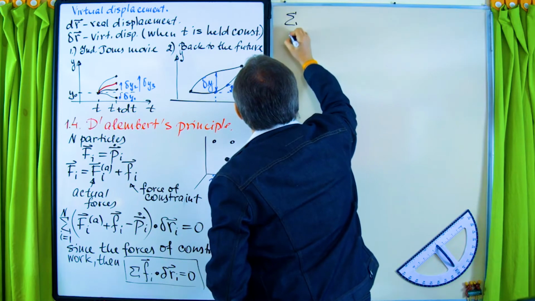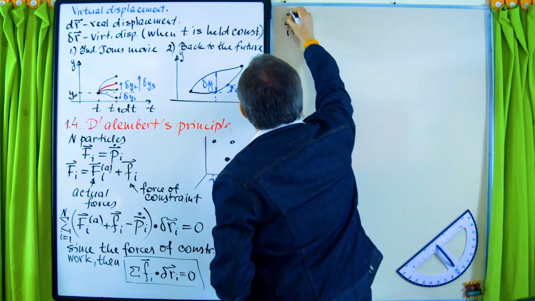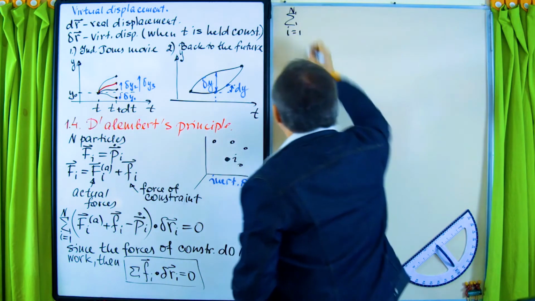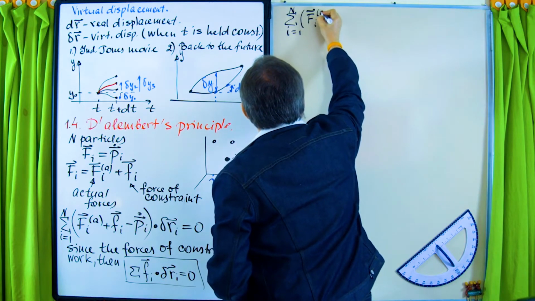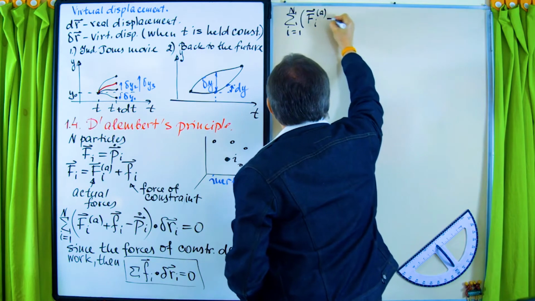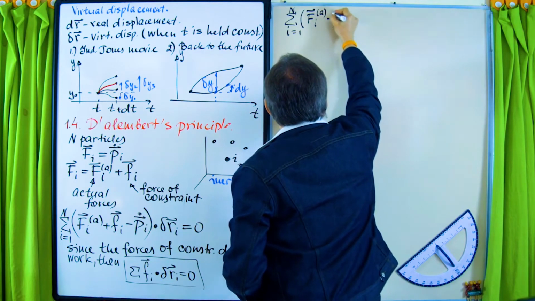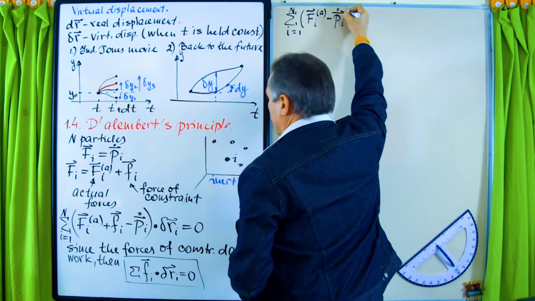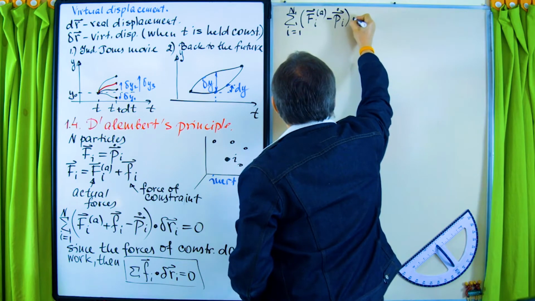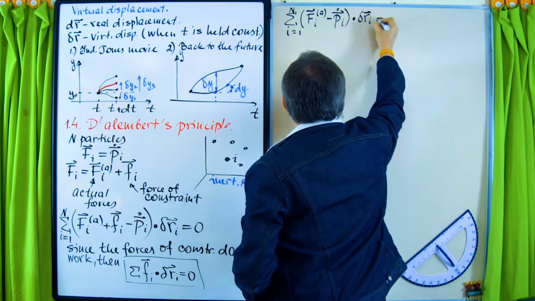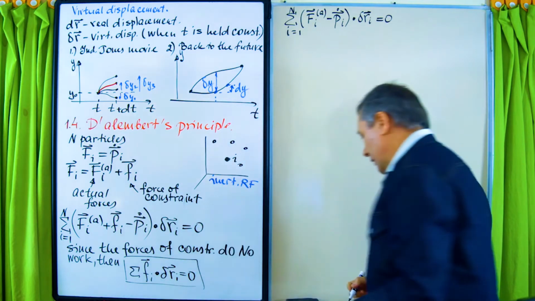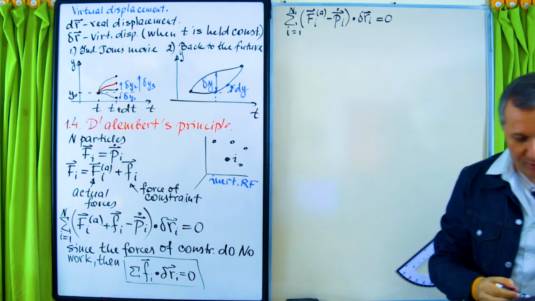So summation over the whole system from 1 to n of Fi minus the rate of change of the linear momentum, dotted with delta R, virtual displacement, equals to 0.